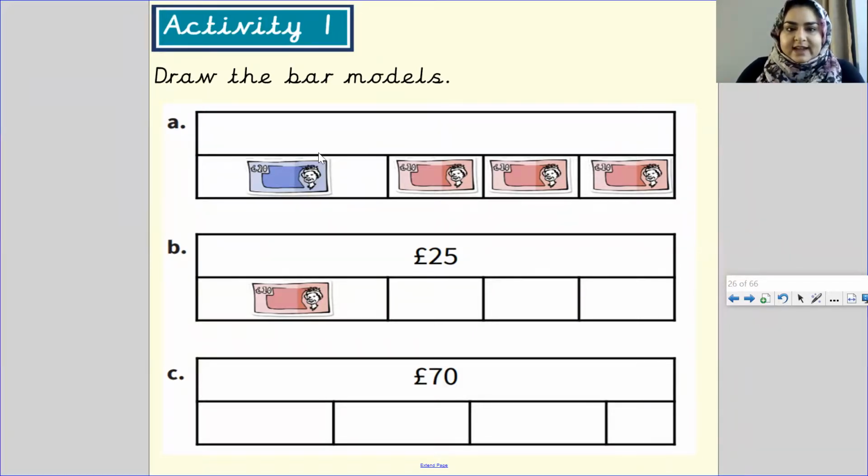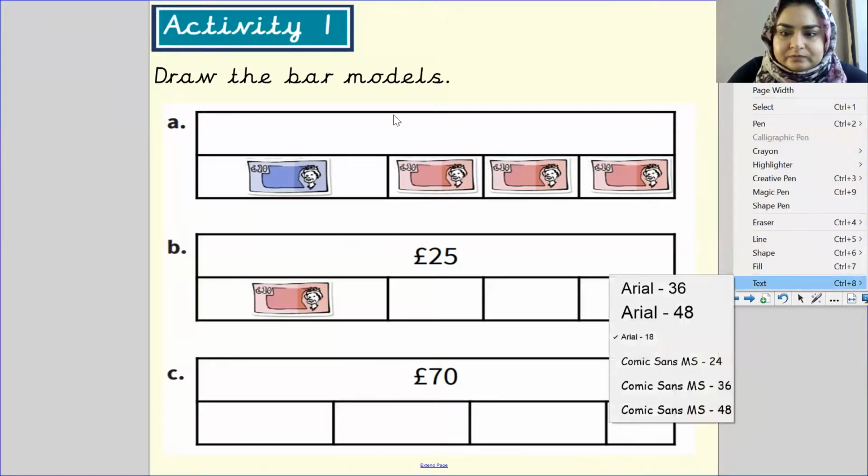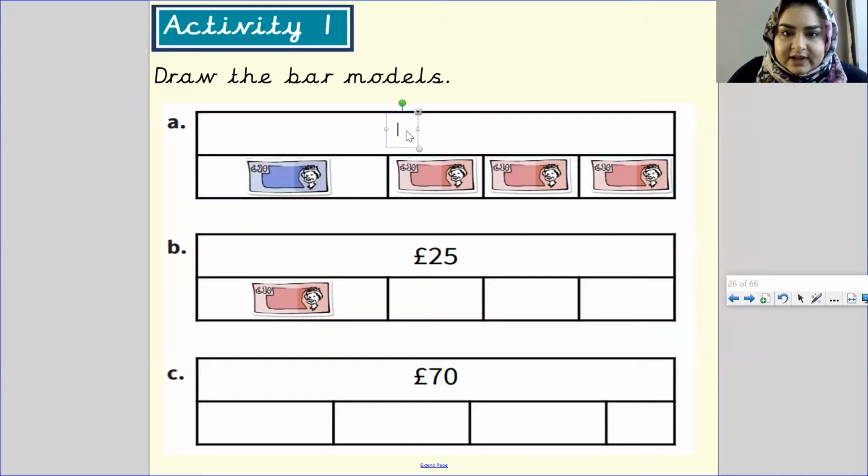So you know that is 20, add 10, add 10, add 10. Let's lock 20 in our head and then count on 3 tens. 20, 30, 40, 50. So I know that my answer to this bar model here is £50.